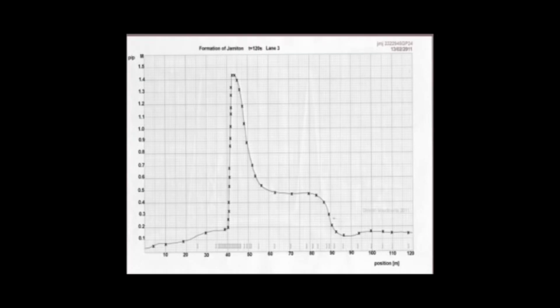The following time domain diagrams show a variety of jamiton formations at 120 seconds.